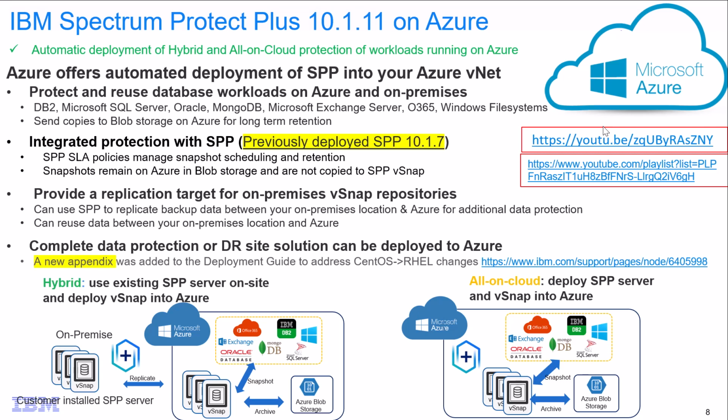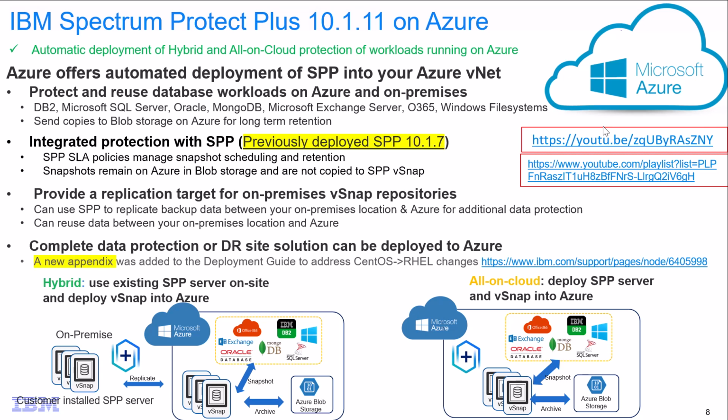So the nice thing about utilizing Marketplace to purchase and deploy your Spectrum Protect Plus environments is that everything is automated for you, and you can deploy either in a hybrid where you have your SPP server on site, but then you have the automatic deployment of a vSnap into Microsoft Azure Cloud that can then protect the workloads that are running out in Azure.